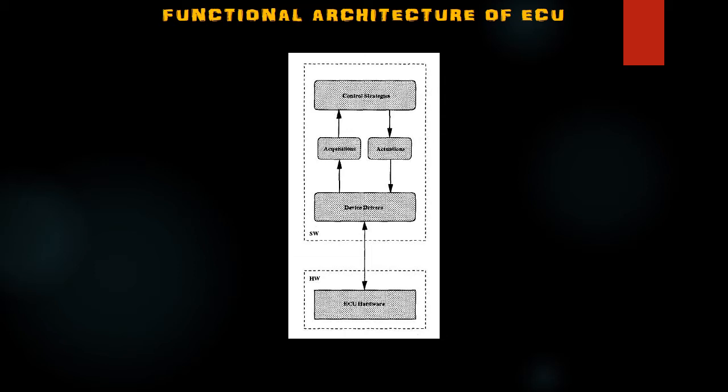As shown in the diagram, the top layer, which is the control layer, makes sure all the control strategies are implemented, meaning that the input given by the driver is properly read and interpreted, and the decision is taken in a split second, after which the data output is delivered. Then come the signal acquisition and the actuation layers, which extract data from the sensors and pass it on to the actuators for their part of the work to be done.